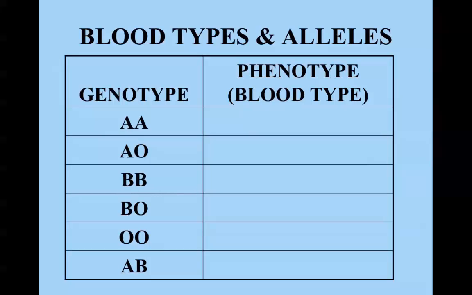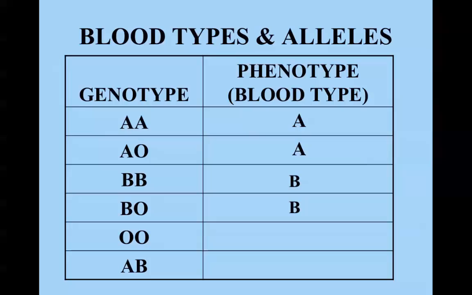So blood types and the alleles that they make up. So here's our different genotypes. If you're an AA individual, you're going to have the A phenotype. If you're an AO individual, you're going to have the A phenotype. So if you look there, A is going to mask the O. So basically A is completely dominant over O. And the same is going to be said for B when it's looked at with O. So we have the BB genotype, it's going to give us the B phenotype.